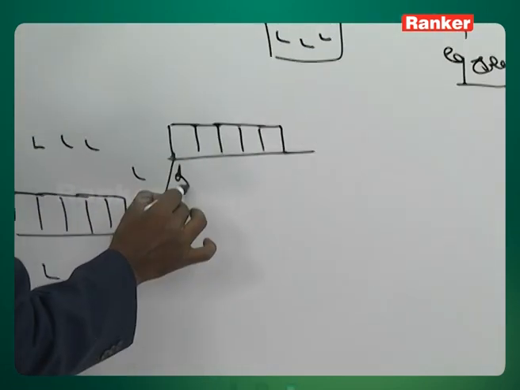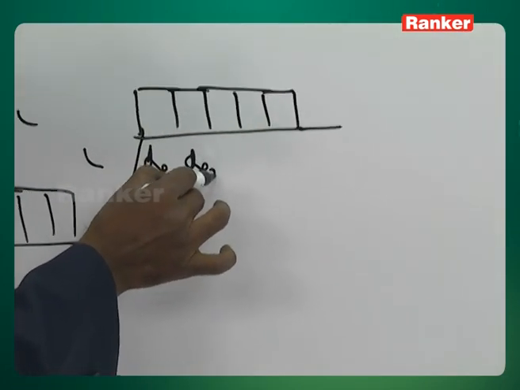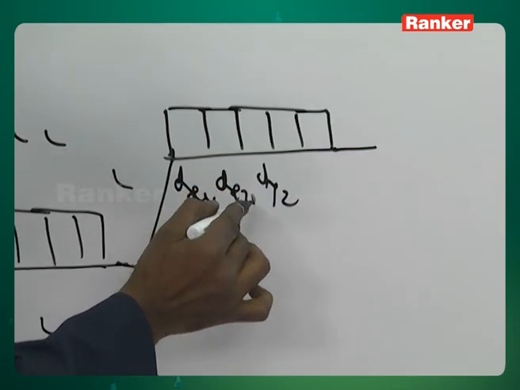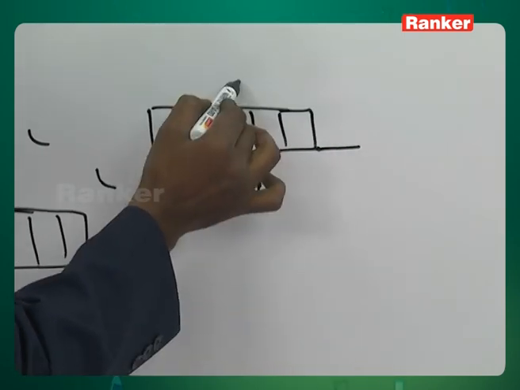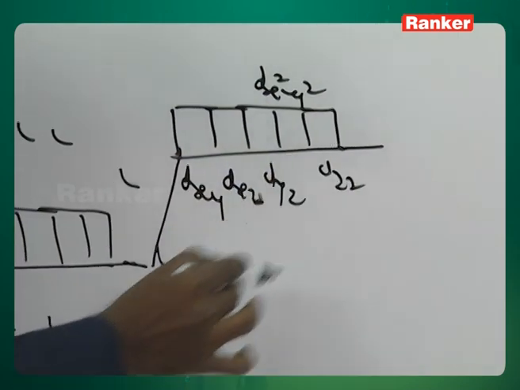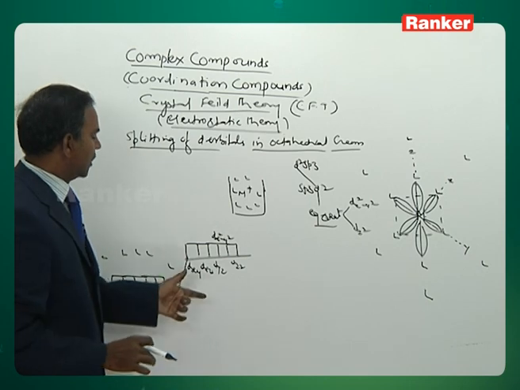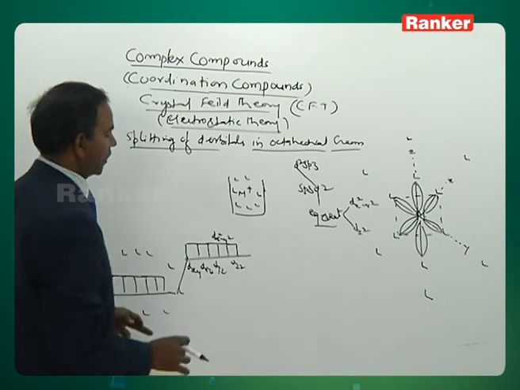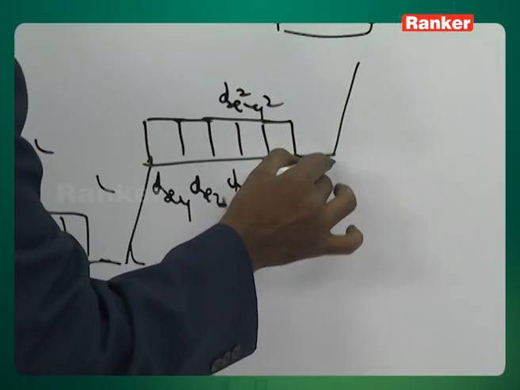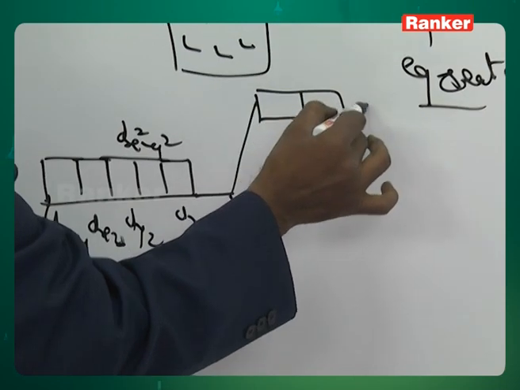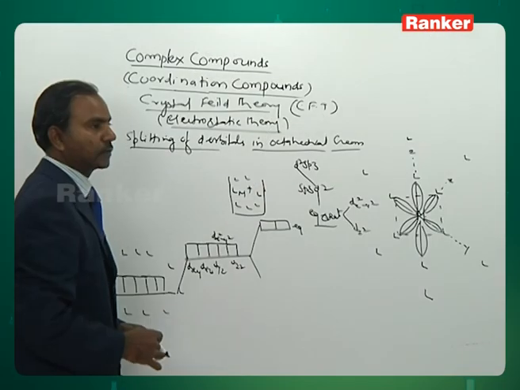This is xy, xz, yz, this is dx square minus y square and this is dz square. These are the 5d orbitals. The eg set of orbitals are experiencing greater repulsion, therefore their energy is increased.